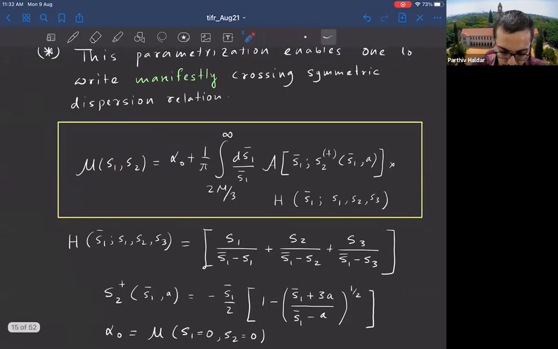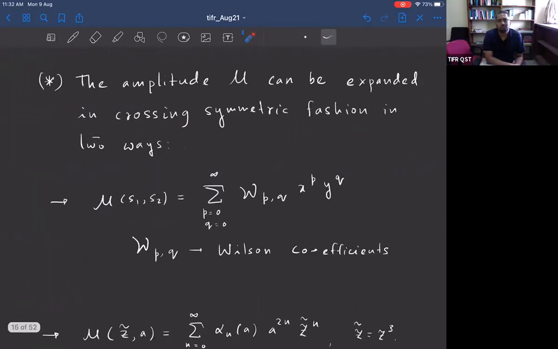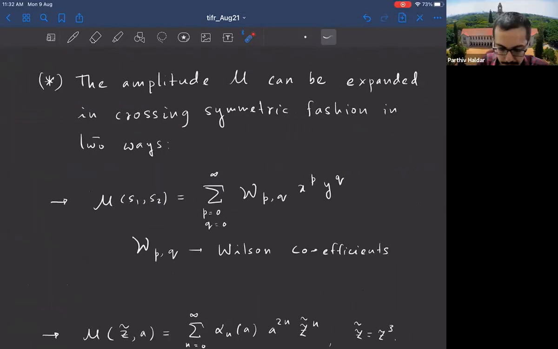Okay. So this is the dispersion relation that we are going to work with. The amplitude is a crossing symmetric function, which can be expanded in two ways. First of all, x and y, as I recall, x was s1 s2 plus s2 s3 plus s3 s1, and y was s1 s2 s3.